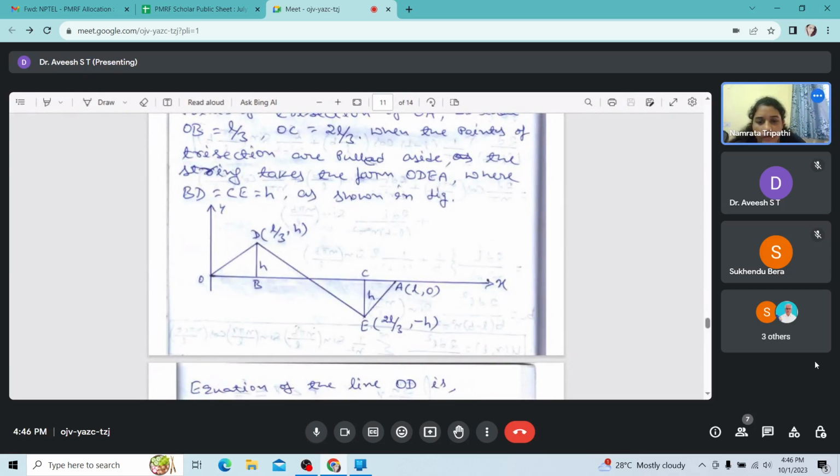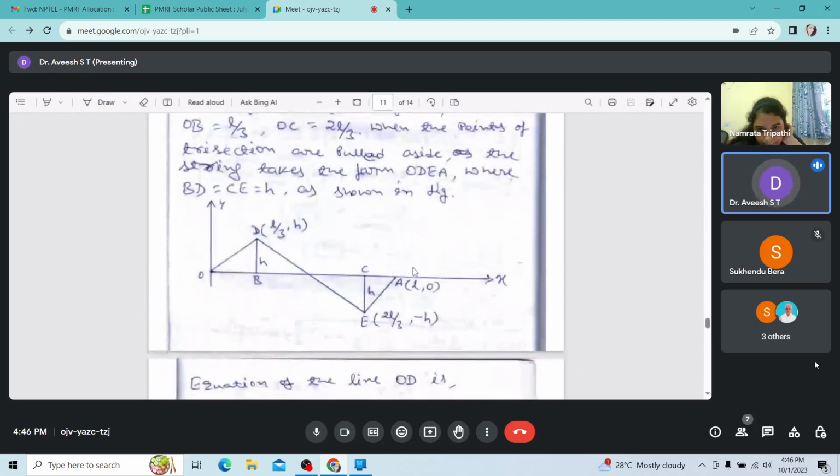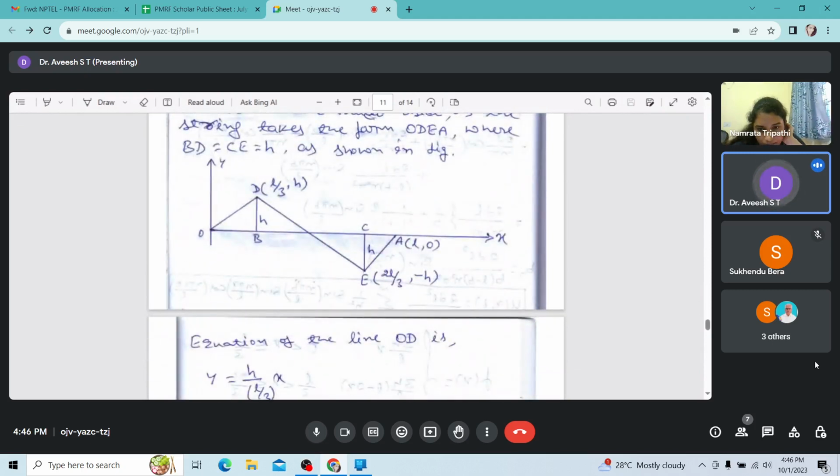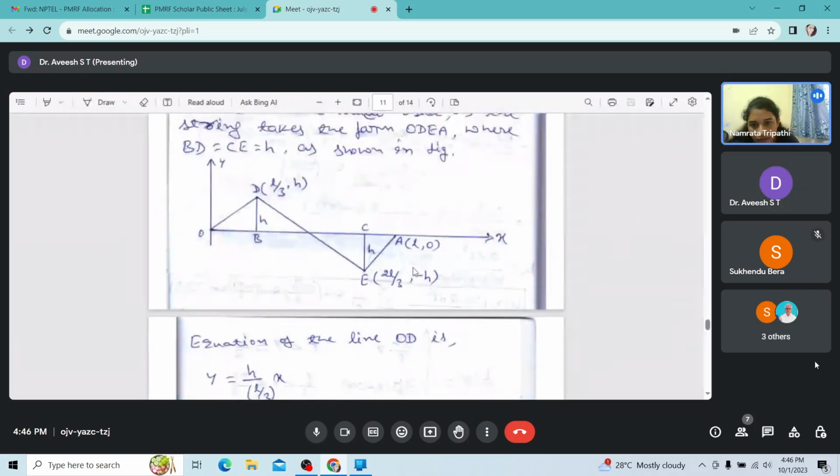Can you explain what you have done? I haven't solved this problem, so I have to look. Madam, it is a trisection problem. First of all, by using the given data, we have constructed the region. The data is the trisection of OA at B and C.